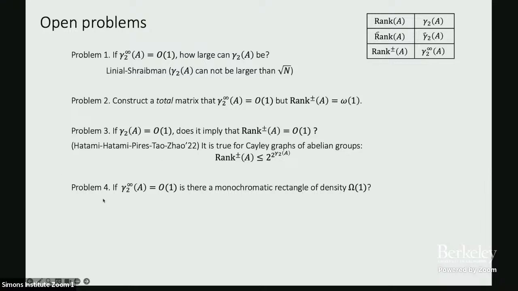And the weakest assumption is if I just say gamma 2 infinity is constant, which corresponds again to this randomized public bounded verticals. Can I find a dense monochromatic subrectangle? By a rectangle, I just mean a submatrix. So it's a subset of the rows times a subset of the columns where everything is either all plus or all minus. I'm not sure who initially asked this question.